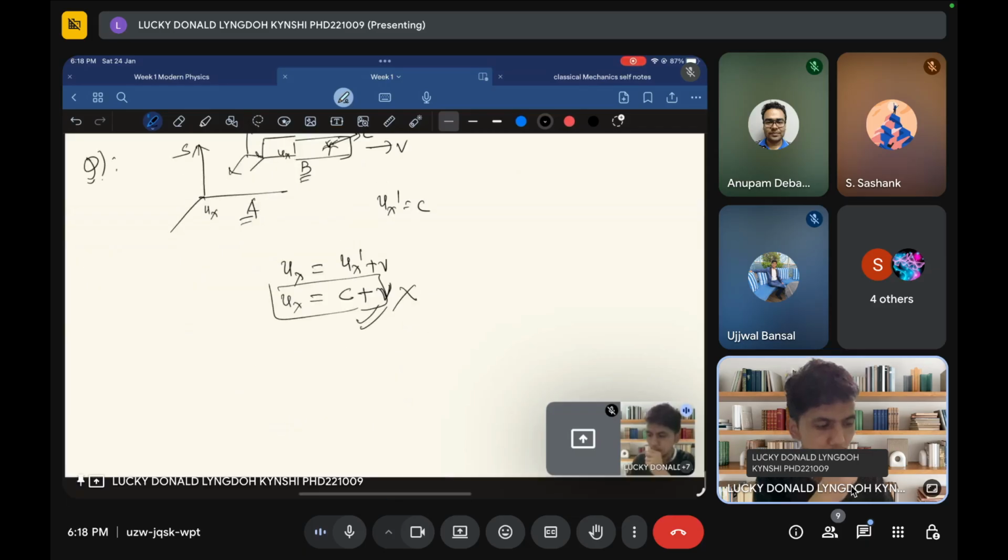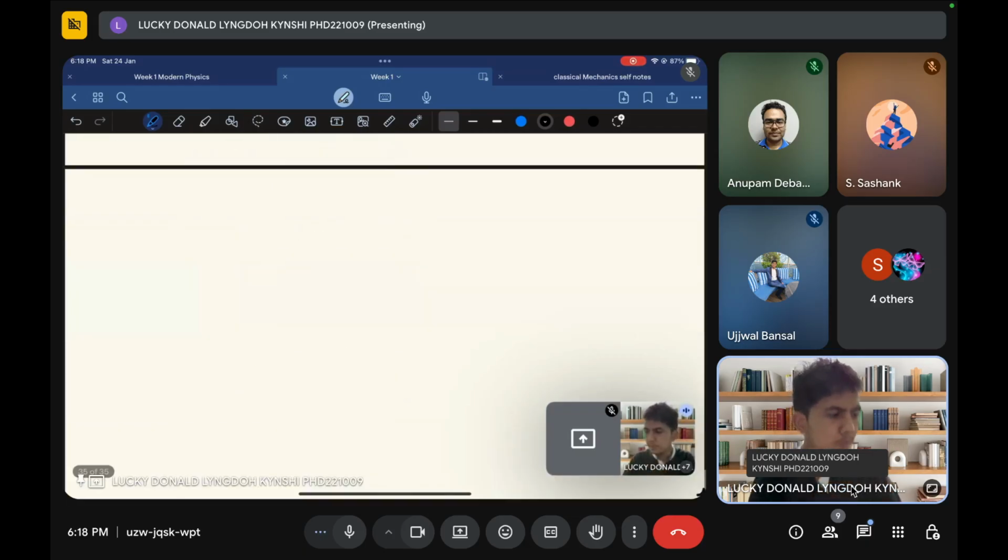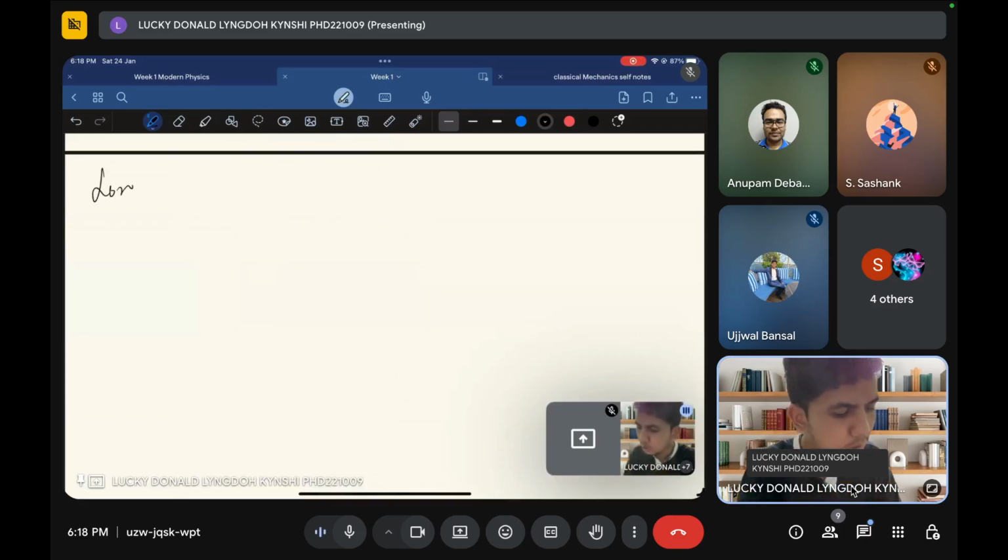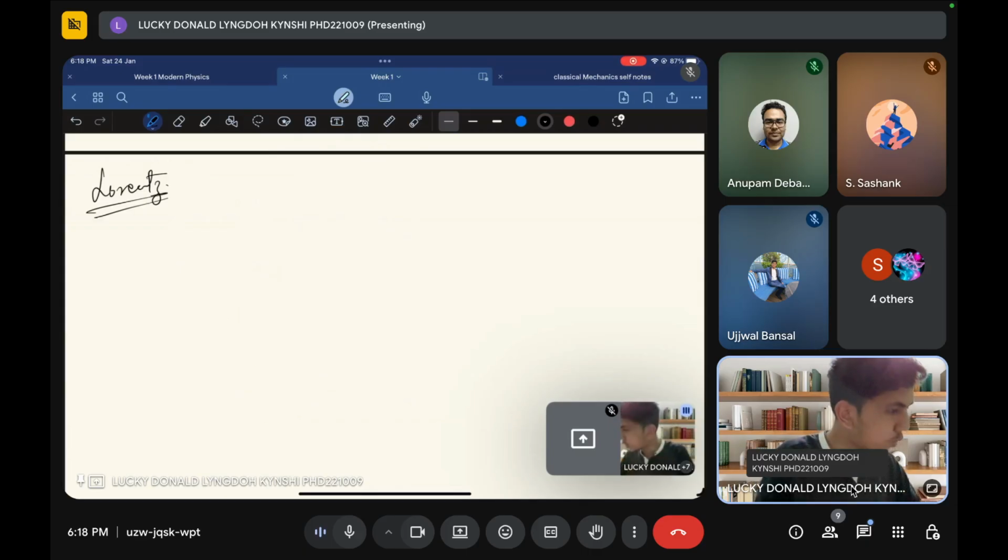So that is why another transformation comes in, called the Lorentz transformation. I'll just write it down because I have to solve the problems.